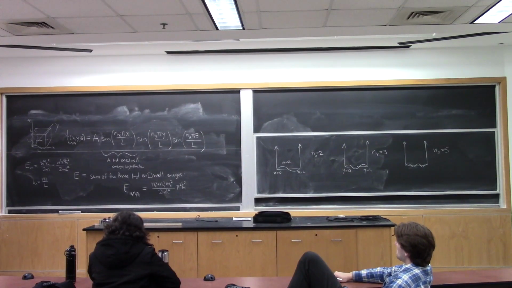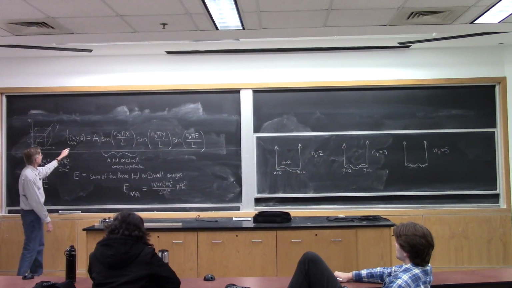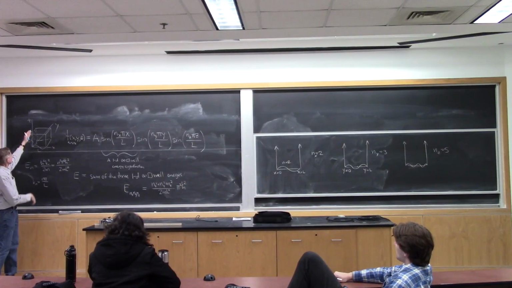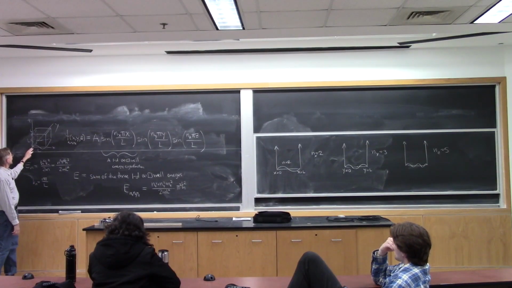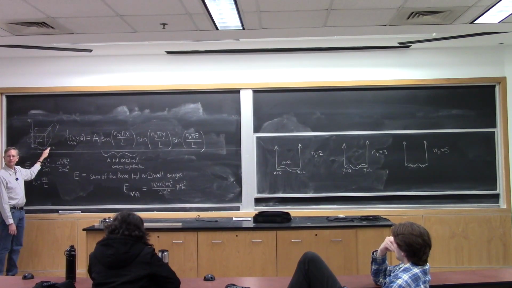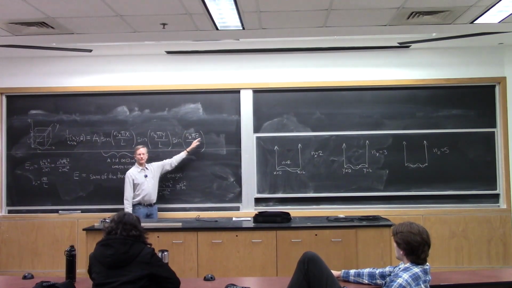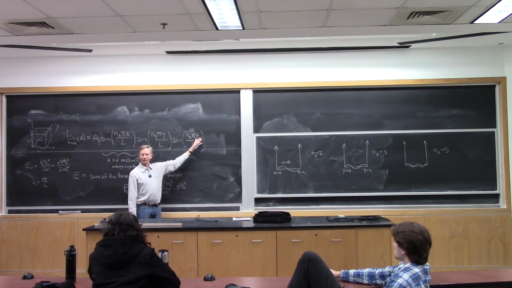And notice that if you are along, say, any wall of the box, like if you're in the xy plane, what is z equal to? Everywhere in the xy plane, z is 0. What is the wave function equal to when z is equal to 0? 0, because the sine of 0 is 0.